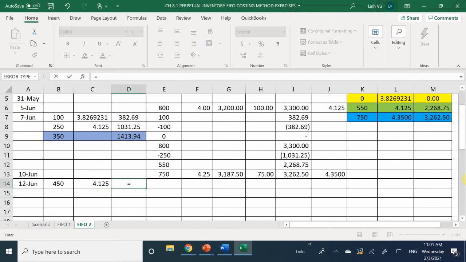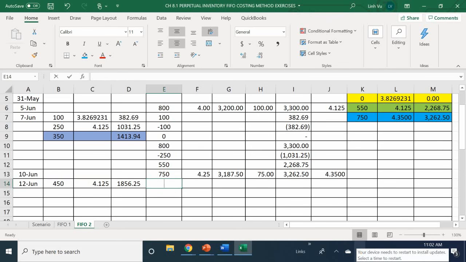So again, I'm going to do my equal round formula here. 1856.25. Perfect. Okay. I'm going to pull my 550 and I'm going to subtract out my 450 to give me a remainder of 100.